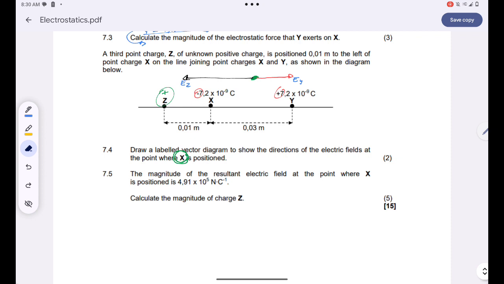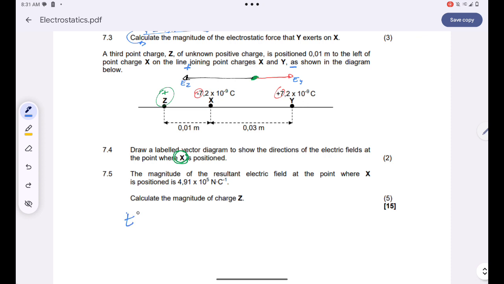And then now we are given the net electric field at point X. They want us to calculate the charge on sphere Z. All I have to do, guys, is to choose a positive direction. If the left is positive, that means the right-hand side is negative.